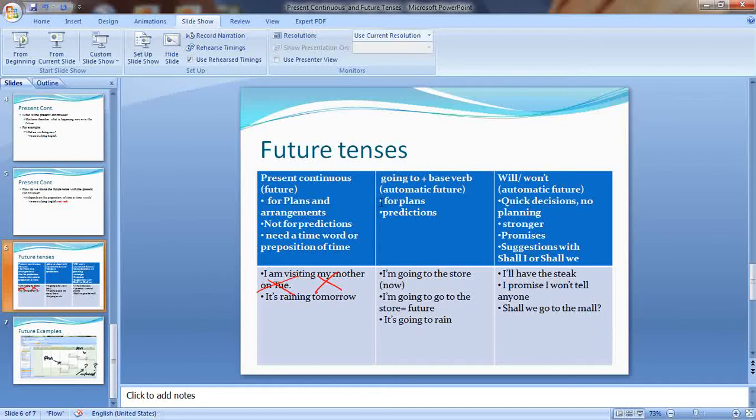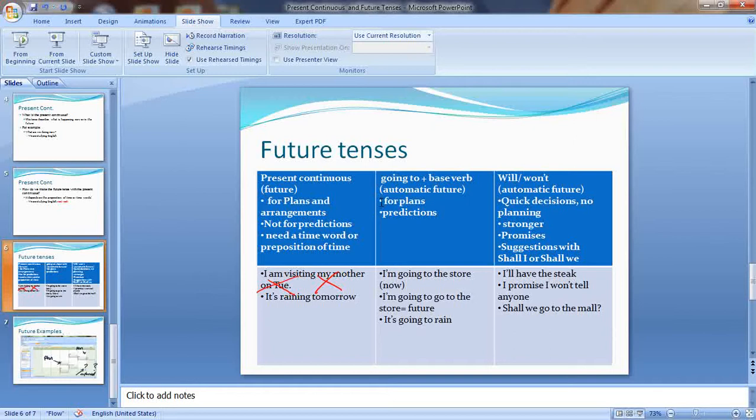A plan is like a doctor's appointment, a vacation, anything you plan in your head or what you write in a calendar. Okay, so a doctor's appointment. I'm visiting my doctor on Friday. I am visiting my doctor on Friday.